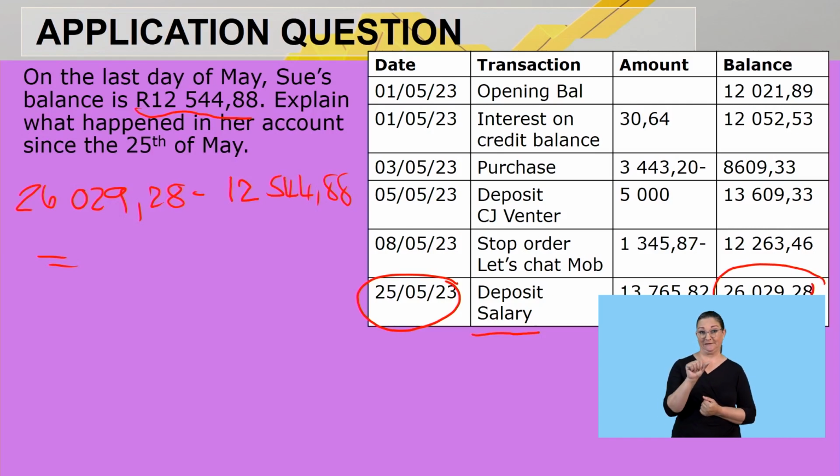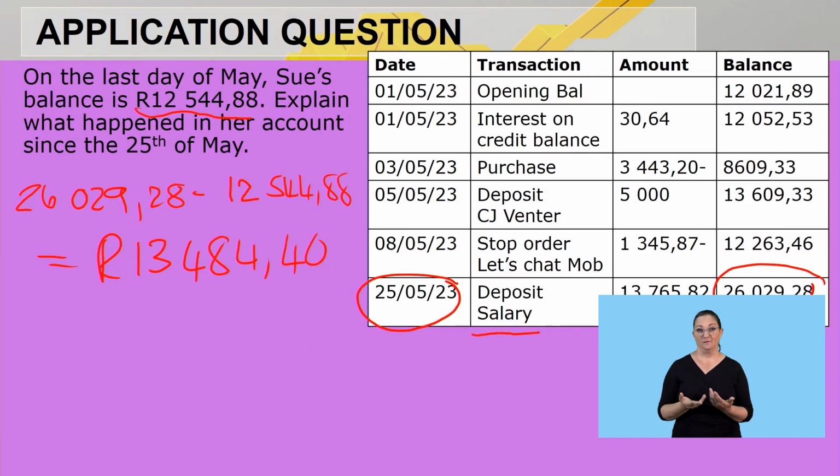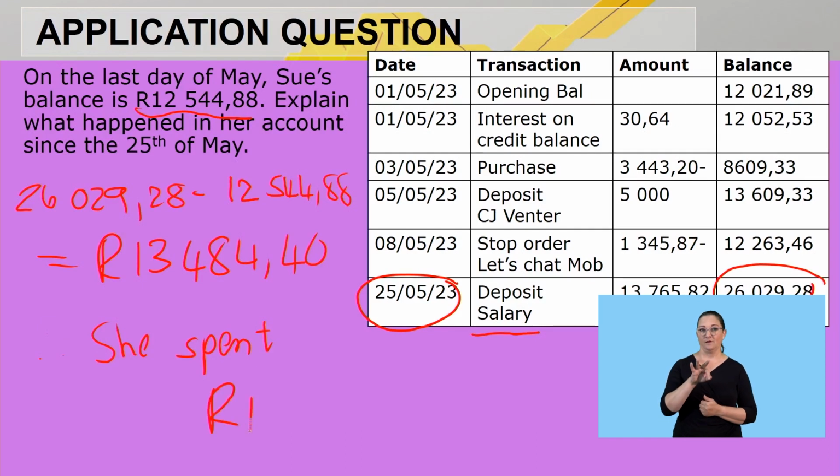It's going to be the 26,029.28 minus the balance in her account now, and then you'll see it's 13,484.40, meaning therefore she spent 13,484.40.